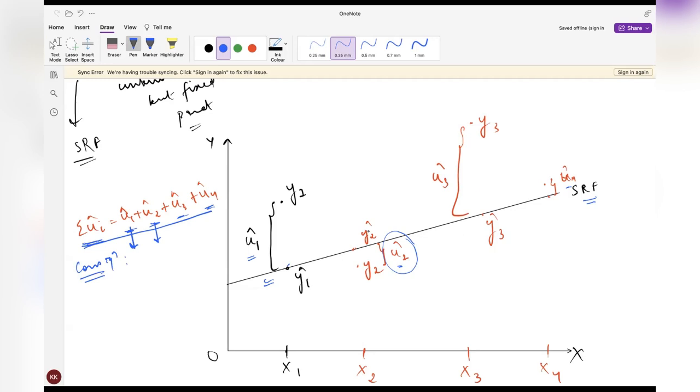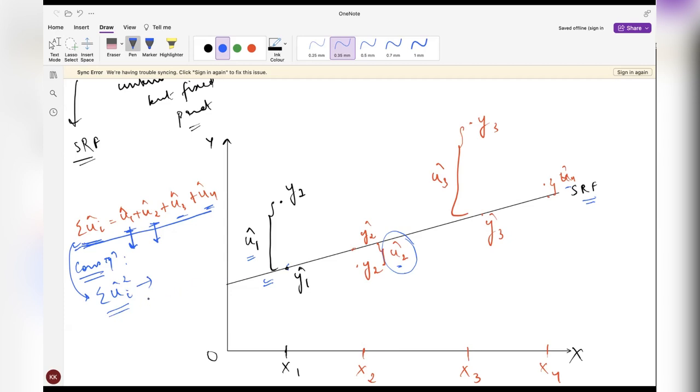So to avoid those problems, we don't take the sum of residuals. Instead, we take the sum of squared residuals, which gives more weightage to those residuals which are more widely scattered, right? So that is why we take the sum of squared residuals and we minimize it.